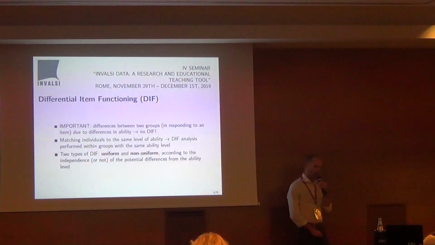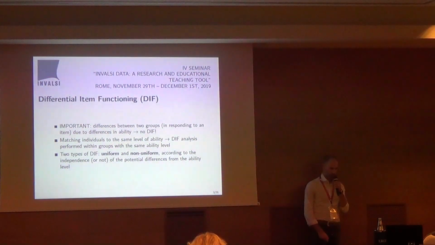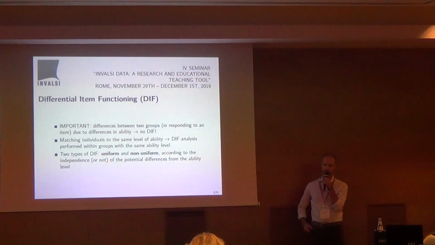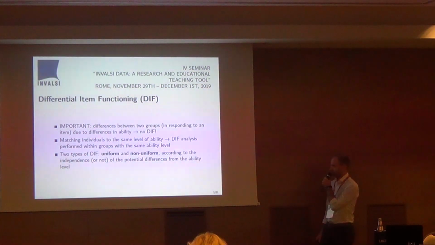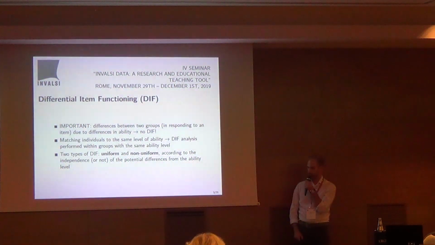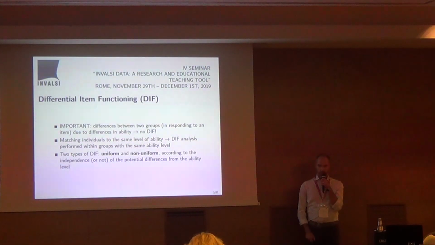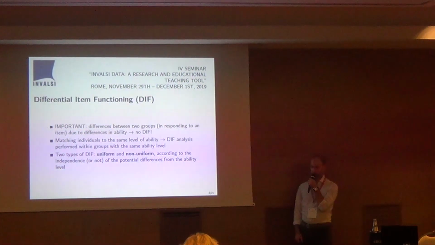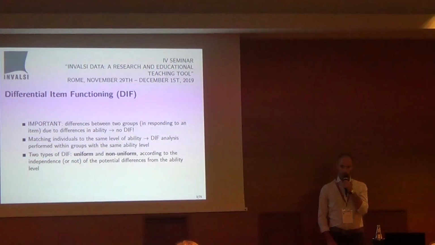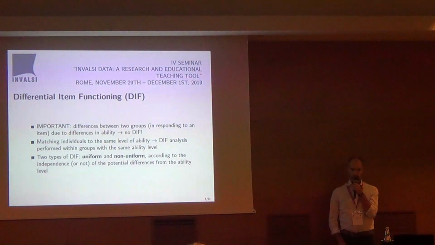It is important to underline that if differences between these two groups occur due to a difference in ability, this is not DIF, because the procedure for detecting DIF needs a matching of individuals according to the same level of ability. So DIF analysis is performed within groups of subjects with the same level of ability.